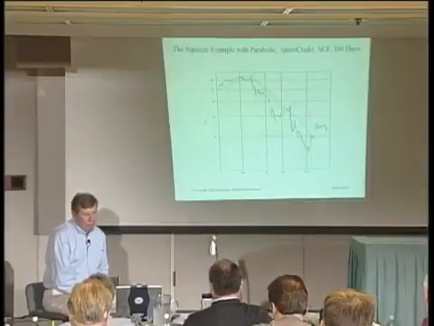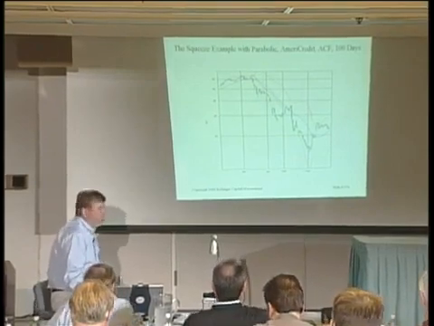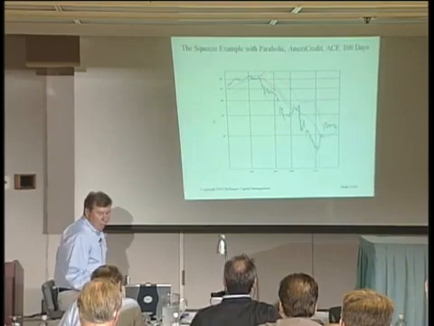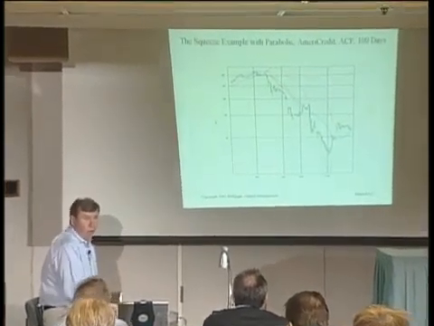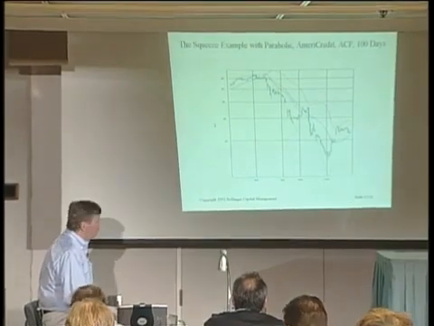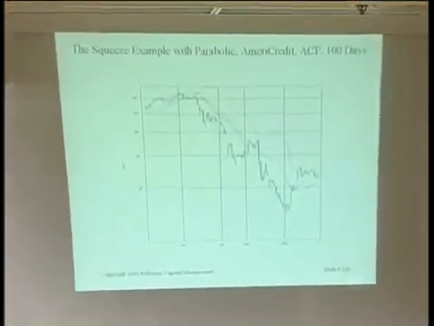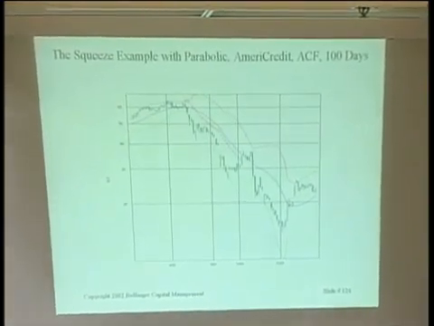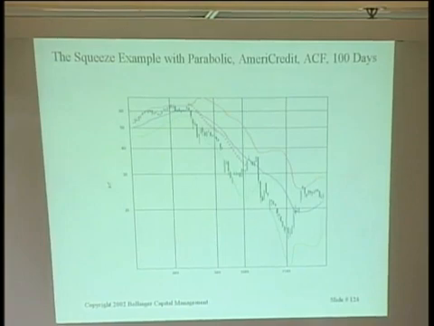The squeeze example with parabolics is what we're going to get into tomorrow. Welles Wilder developed a stop and reverse system called parabolic. So here we have an example of how to manage a squeeze without the decision rules of a half position and a whole position.